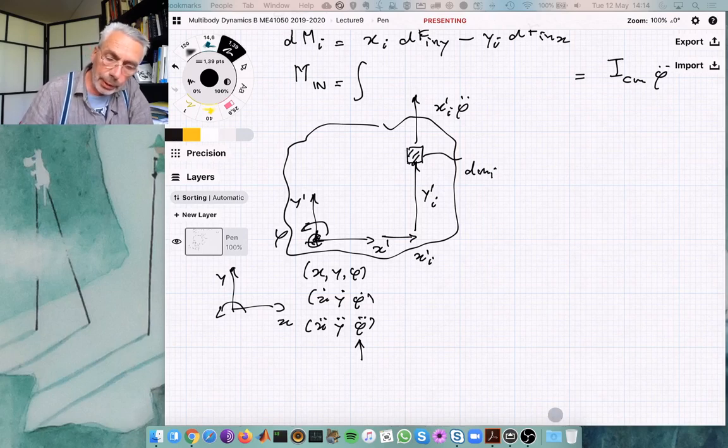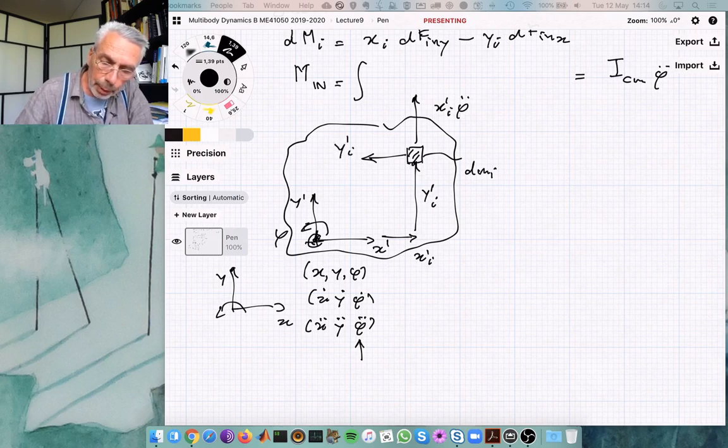Likewise, in that direction, we have an acceleration which has to do with this distance, so that's y' i times phi double dot. Then, of course, we have this centrifugal acceleration due to the angular speed, and again that has two components. It has a downward component here, which is, of course, phi dot squared times this distance.